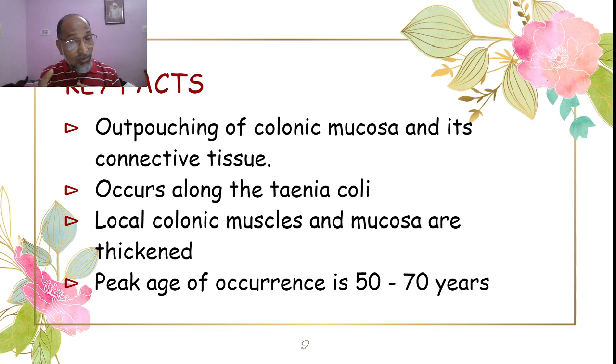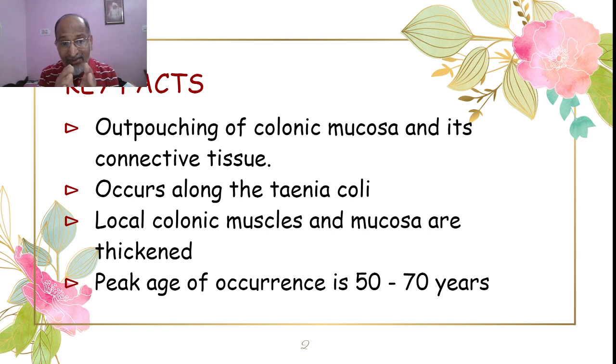In contrast to this, there is another form of diverticulosis, and that is the congenital, where all the layers of the colon are present in that particular diverticulum. If you take a histology, it has a serosa, subserosa, musculature, serous layer, visceral layer of peritoneum.